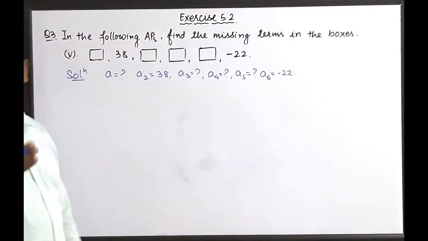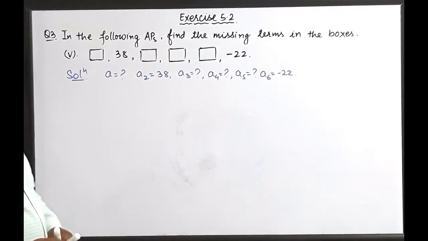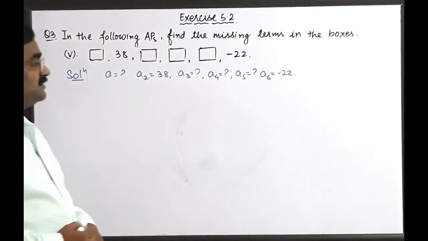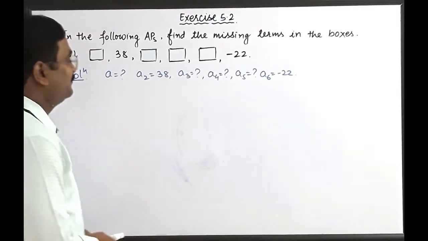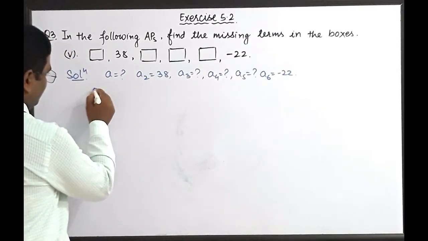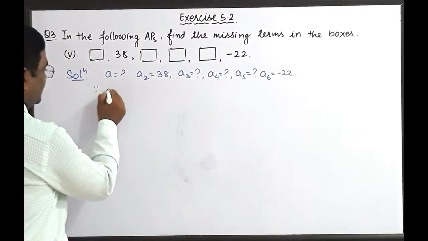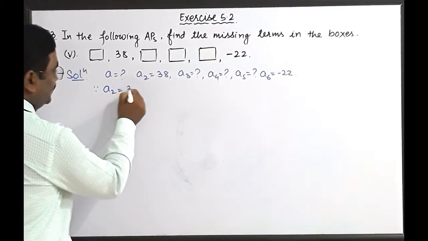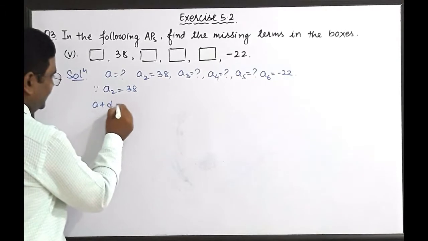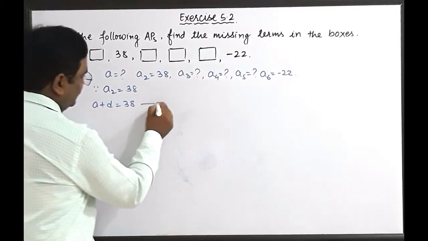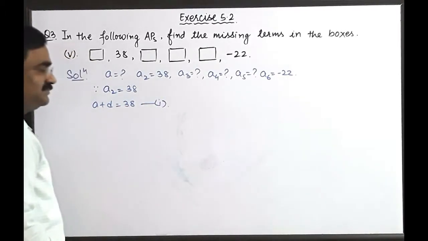So अभी हम इसको क्या करते हैं? सॉल्व करते हैं. How do we start? With the terms which are given. So A2 is given, since A2 is 38 and the value of A2 is A plus D, 38. So it is equation number 1.